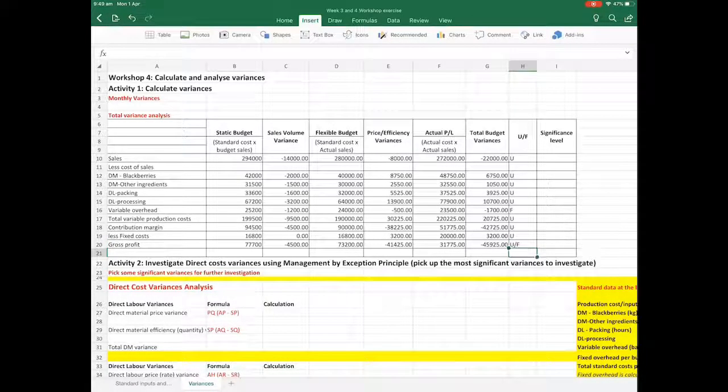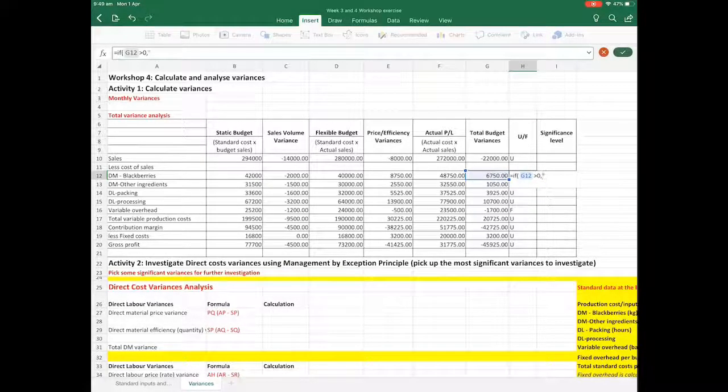Now there's another way of putting U or F here, which is to use a formula, the IF function. For instance, I take this IF and open, and this one greater than 0.